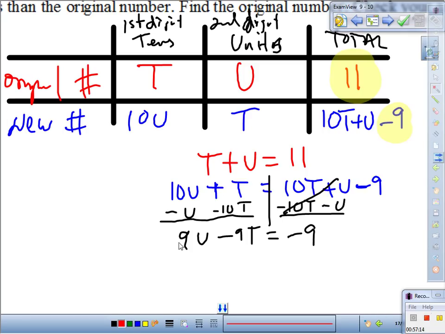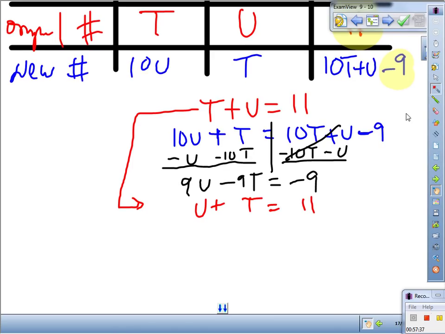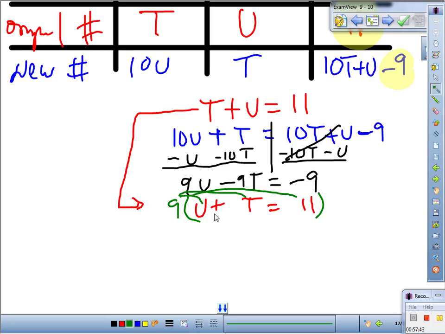All right? Let's see if you remember from yesterday. We bring this one down, yes? So what do I write? U plus t equals 11. All right? So from there, to start elimination, we multiply the second equation by what? By 9. Very good.